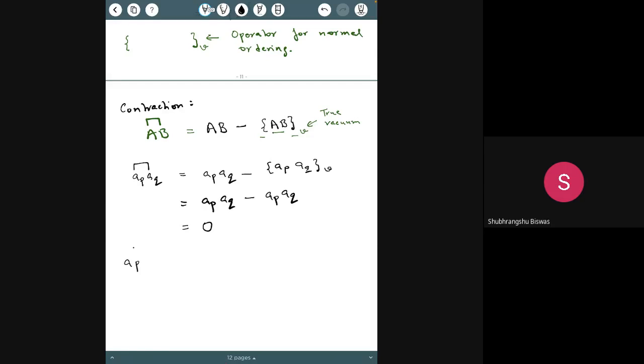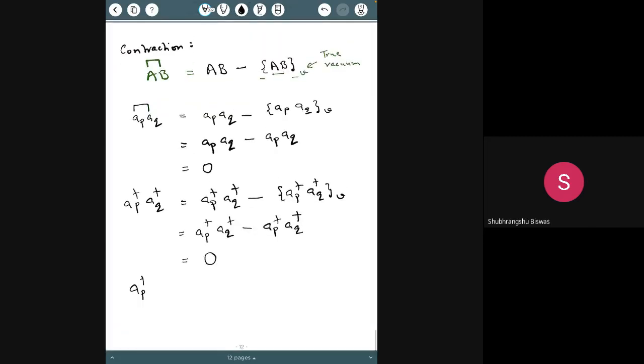And if you have two creation operators, on the other hand, it's the same logic. This is equal to 0. Okay, fine. That is simple enough.